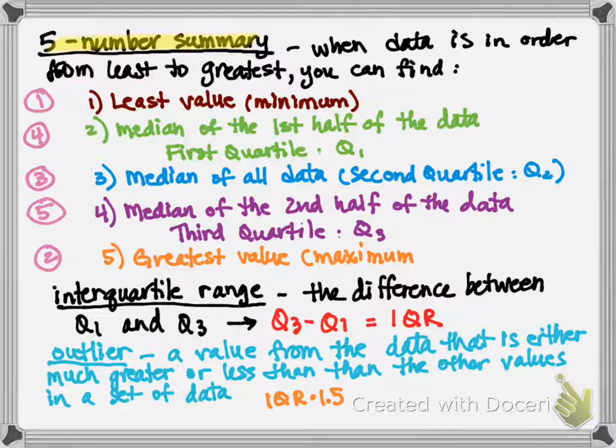If we subtract this value from quartile 1, so if we're IQR times 1.5 less than quartile 1, then we have an outlier. And if we take the IQR times 1.5 and add that to quartile 3, then anything beyond that would be an outlier.